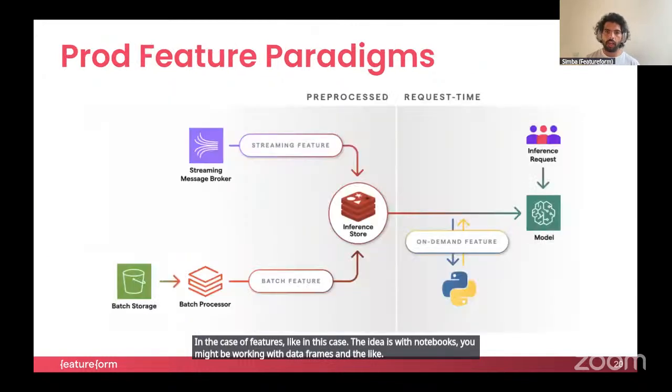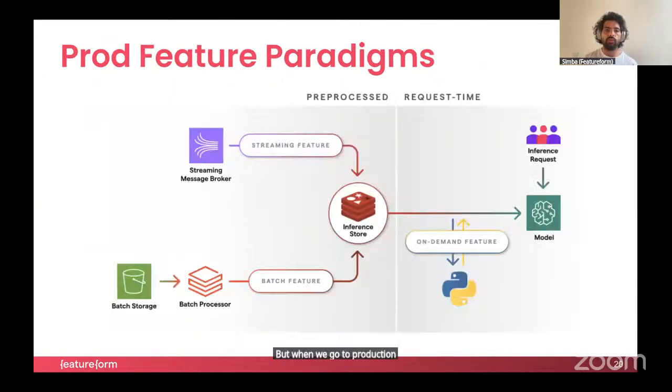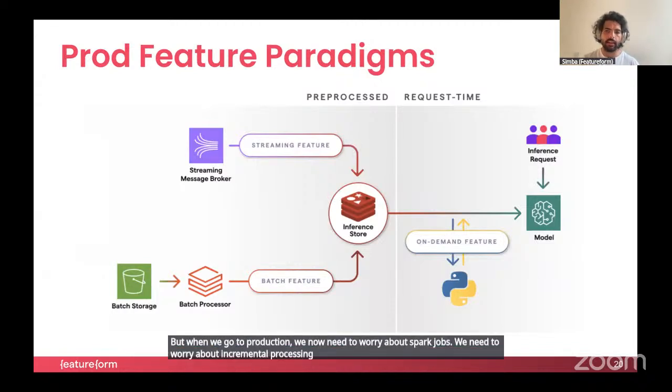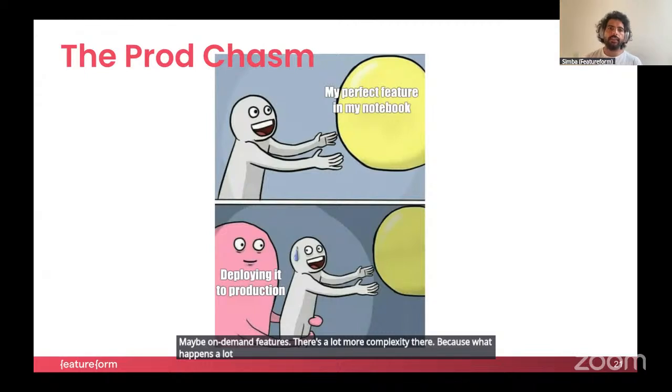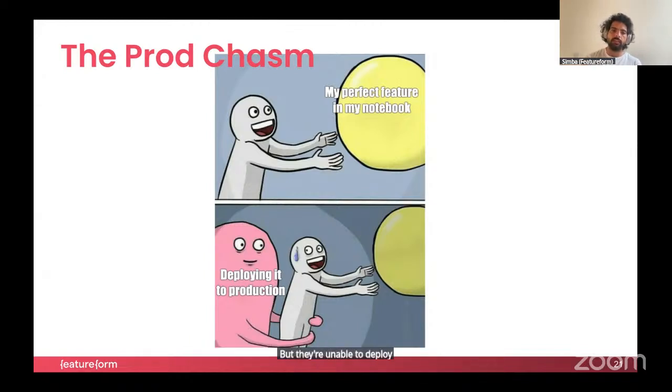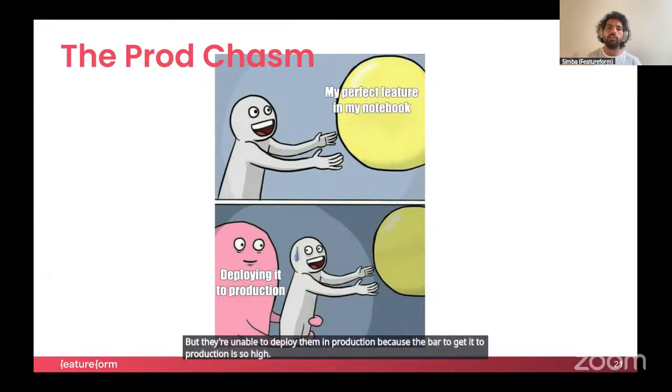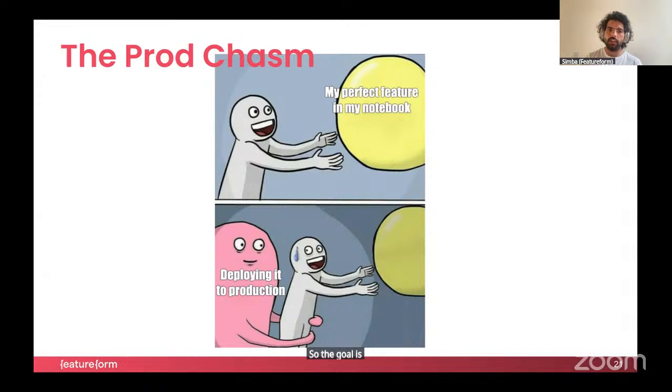But when we go to production, we now need to worry about Spark jobs. We need to worry about incremental processing, maybe streaming data, maybe on-demand features. There's a lot more complexity there. Because what we see all the time is that data scientists have these perfect models and features in their notebook, but they're unable to deploy them in production because the bar to get it to production is so high. So the goal is to make it much easier to productionize machine learning.